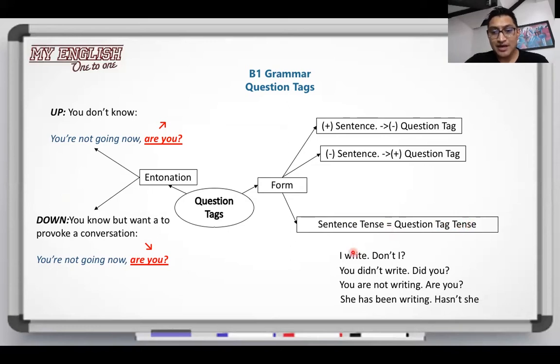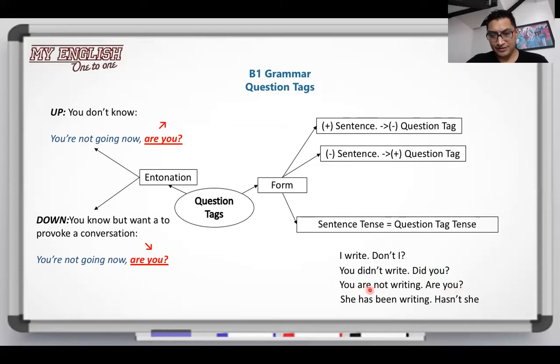For example, I write, don't I? If you see, this is simple present and this is simple present. This is positive and this is negative. Let's check this example. You didn't write, did you? So here we have simple past and simple past. You're not writing, are you?